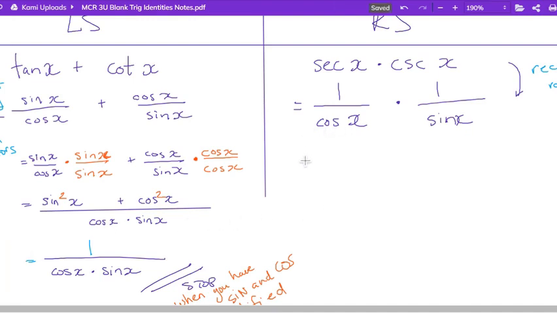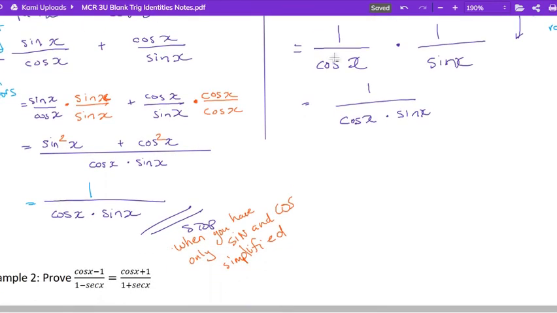And so when I multiply them, I get 1 over cos x sine x. This is a good place to stop. How do I finish off?